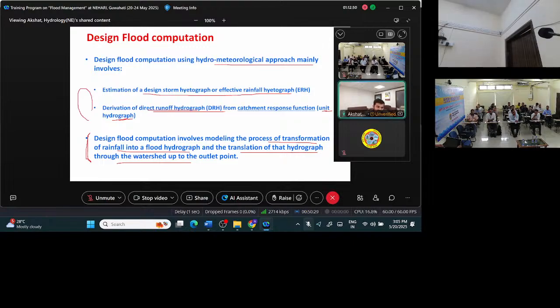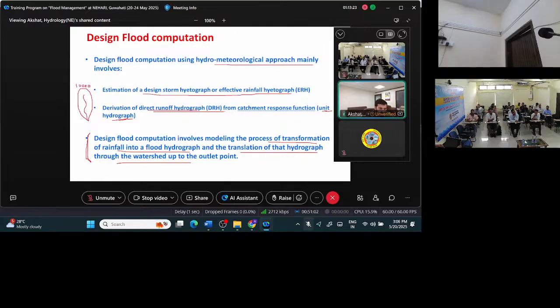So consider you have a very big catchment, say of 10,000 square kilometer. The unit hydrograph theory which we have been using to determine the catchment response is valid for small catchments, like catchments which have an area less than 5,000 square kilometer. So if you have a catchment which is very big, consider this as the river.